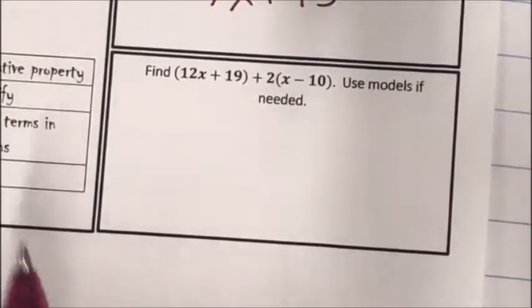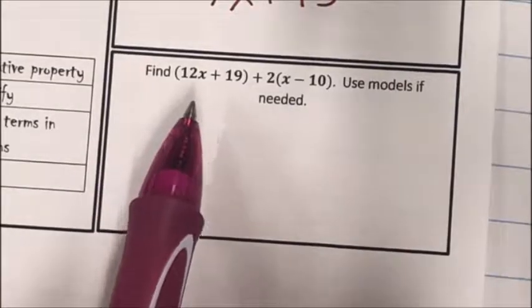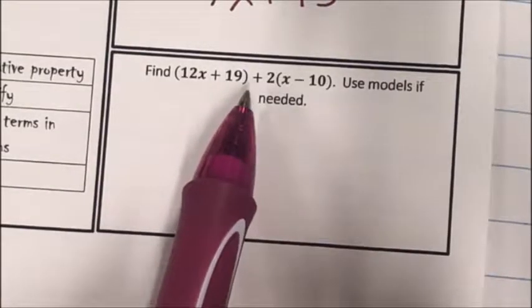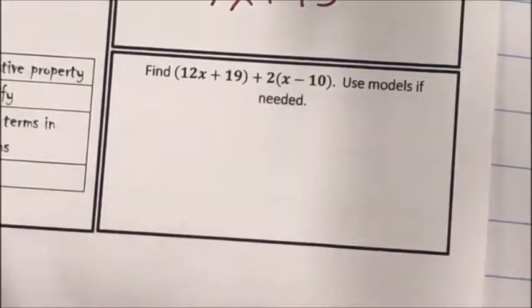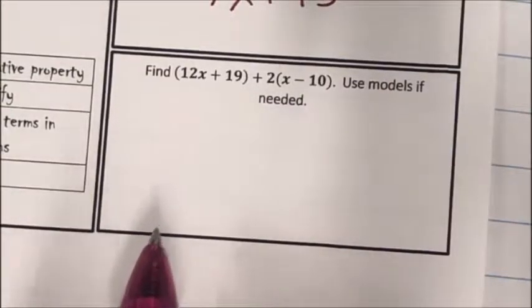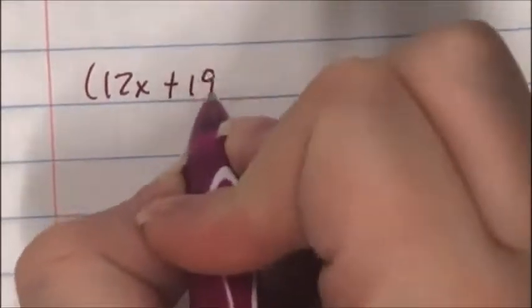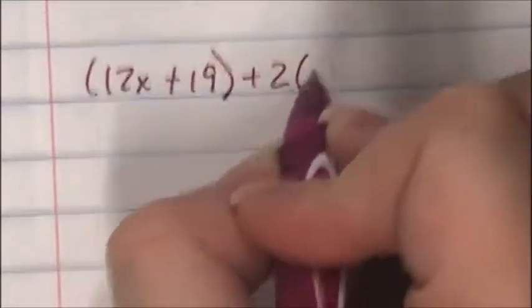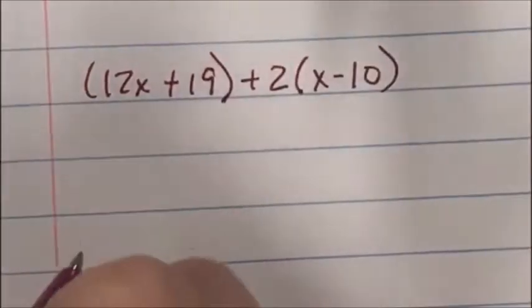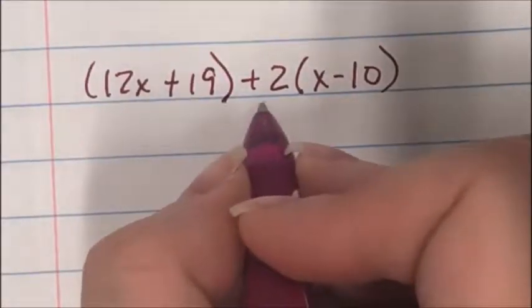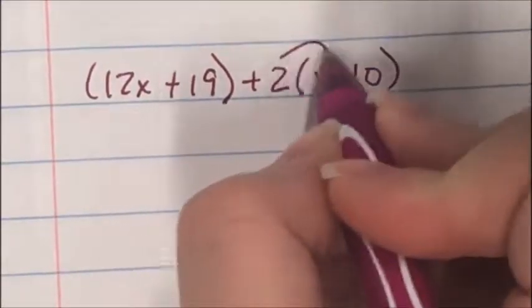My final try it out problem on this page is find 12x plus 19 plus 2 times the quantity x minus 10. Use models if needed. All right, so the first thing that I want to do is I want to distribute this 2.